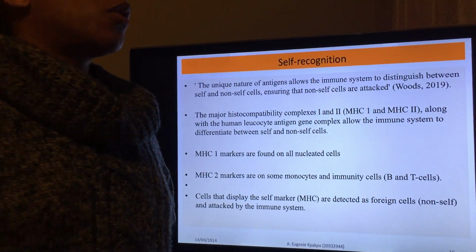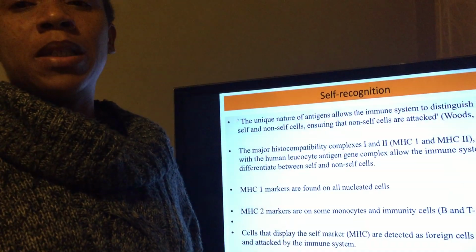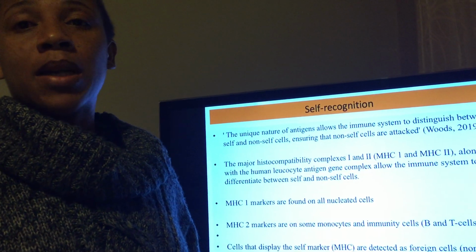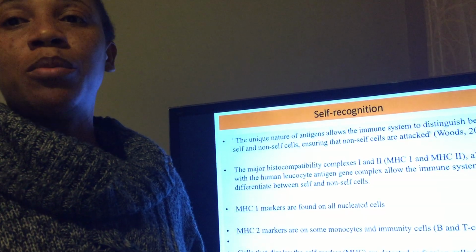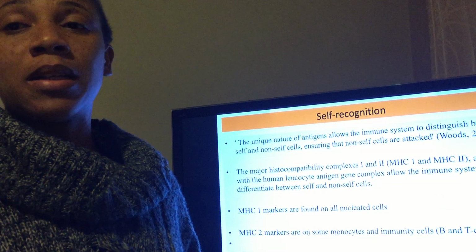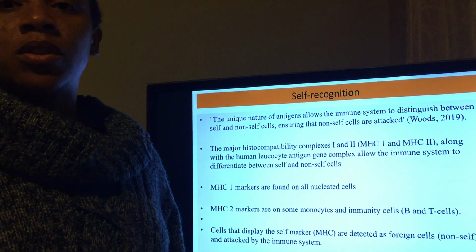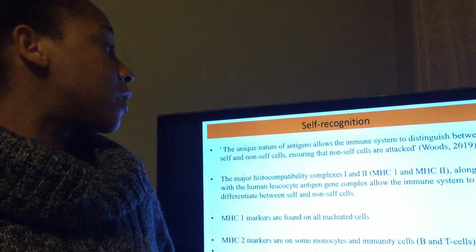Self-recognition. We can talk about the major histocompatibility complexes 1 and 2, along with the human leukocyte antigen complex, which allow the immune system to differentiate between self and non-self cells through antigen recognition, ensuring that non-self cells are destroyed.